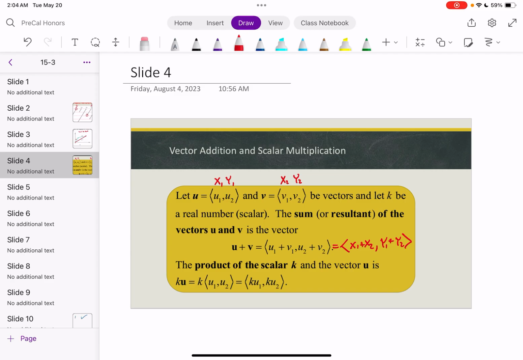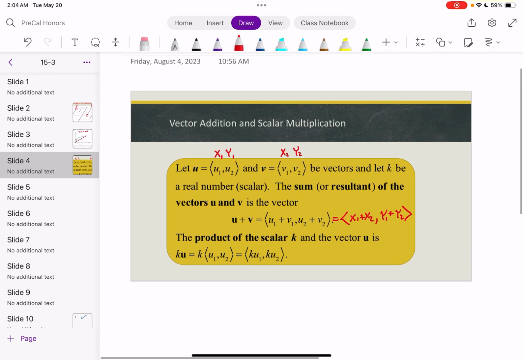As we start to take a look at our scalar product, in this case we can see that k, which would represent a number, would get multiplied by our u vector. Now when this occurs, k would be multiplied against each one of the terms within the vector.